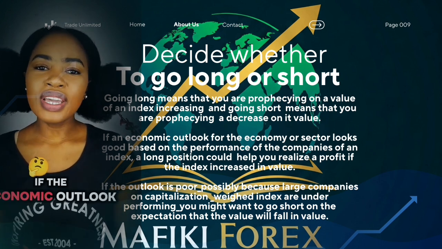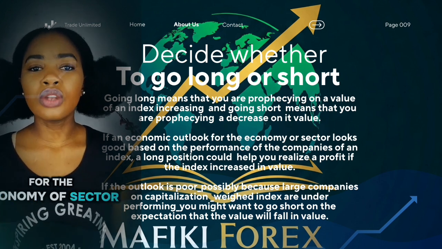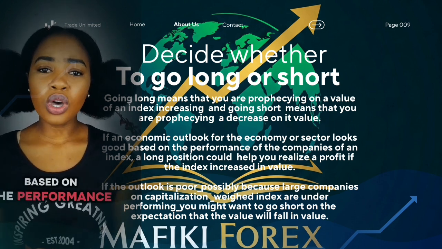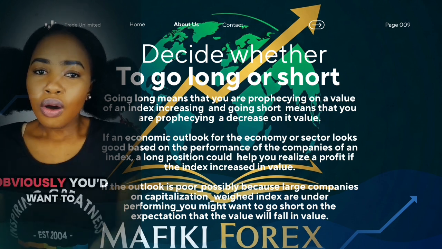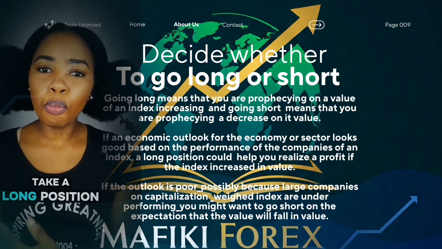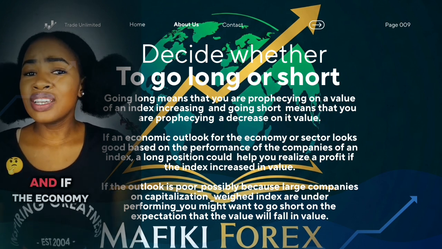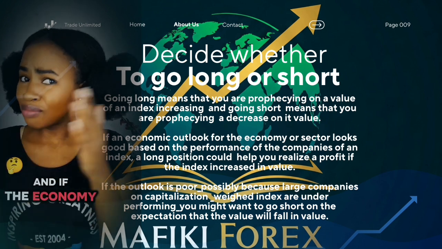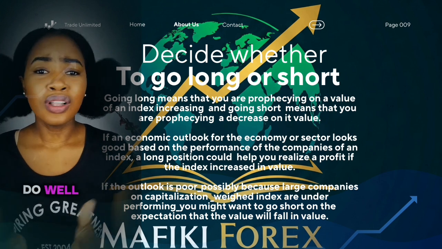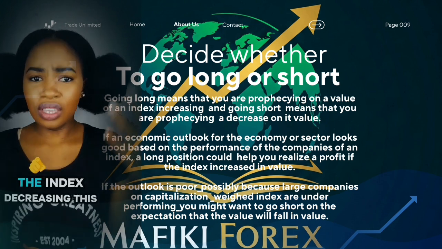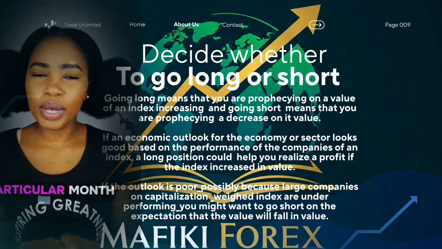If the economic outlook for the economy or sector looks good, based on the performance of the companies of an index, obviously you would want to take a long position because you will make more profits this way. And if the economy and the companies didn't do well, you can prophesy on the index decreasing that particular month.